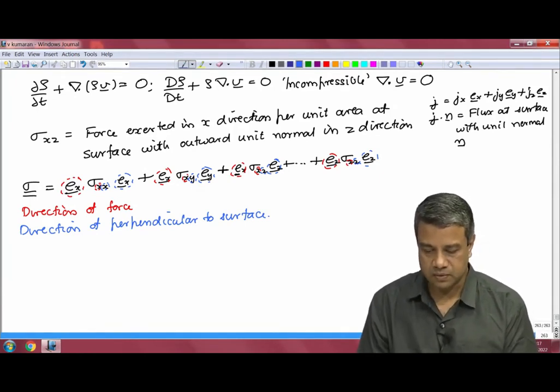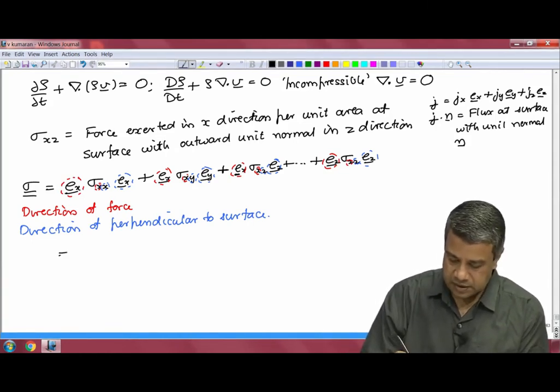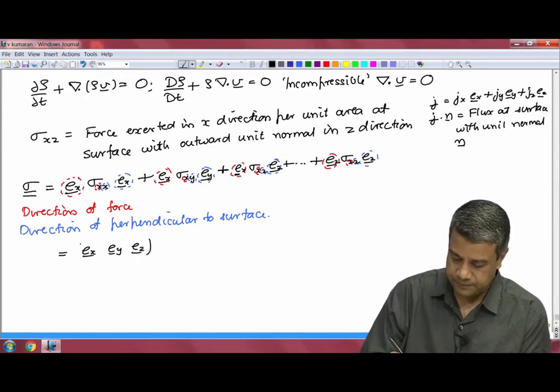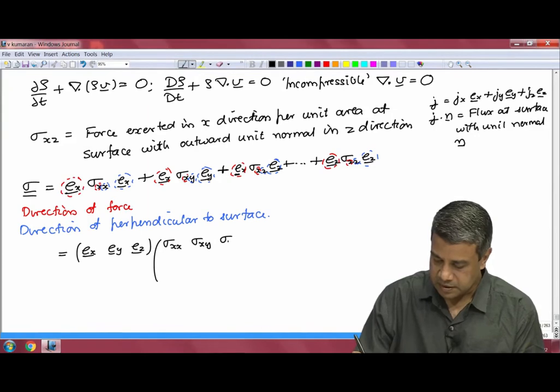So these are the two indices. I can also write this equivalently in matrix form: Ex, Ey, Ez into sigma xx, sigma xy, sigma xz.